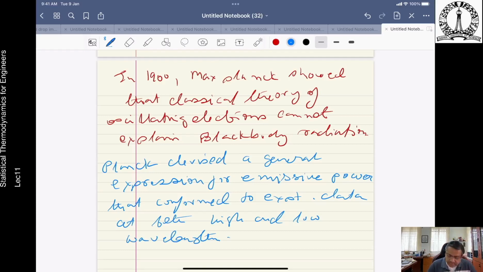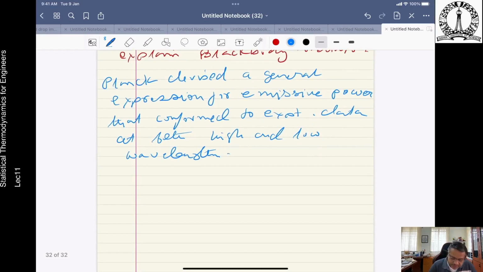So he investigated a little further and he found this very unique thing: that the quantization of energy is needed to derive this empirical relation between the emissive power of a black body and the frequency of its emitted radiation.